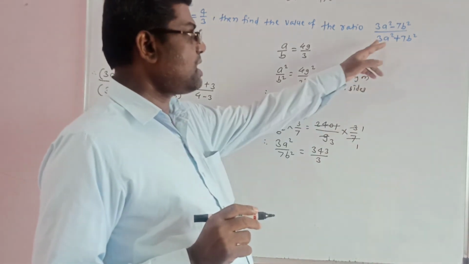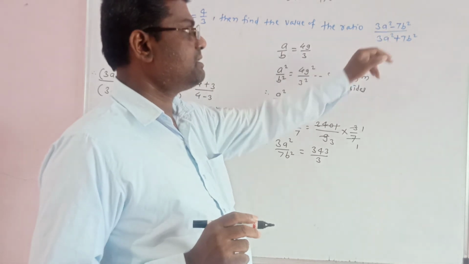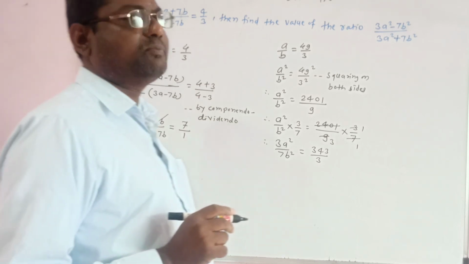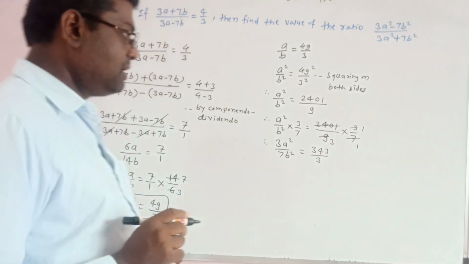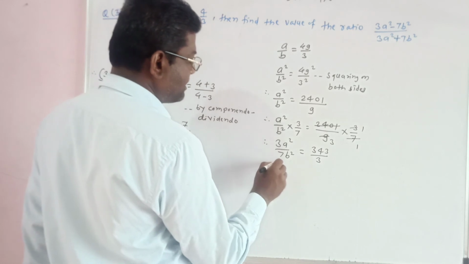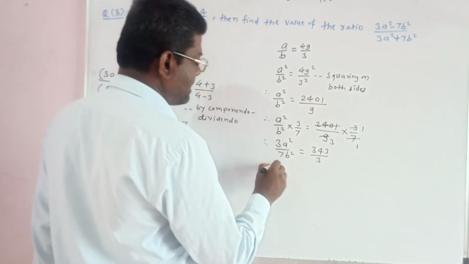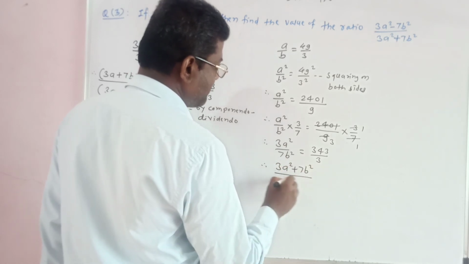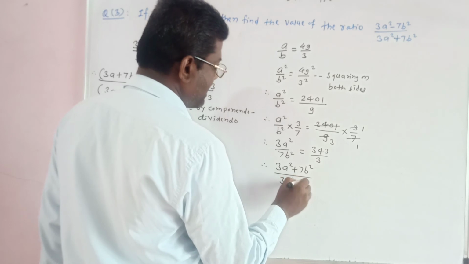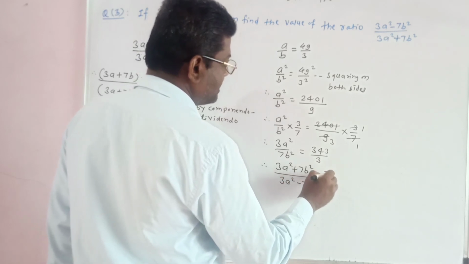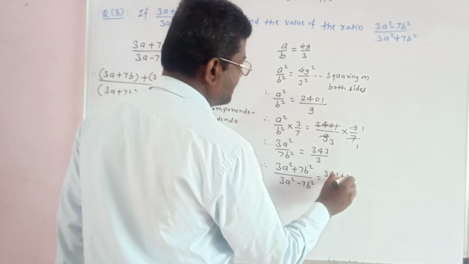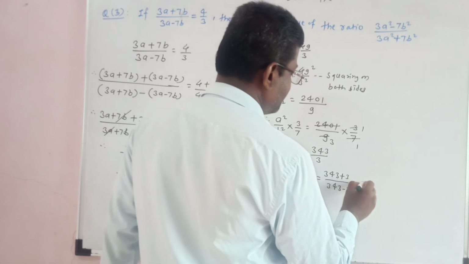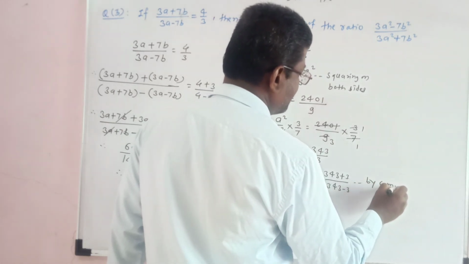Now we want the terms 3a square plus 7b square and 3a square minus 7b square. So it will be possible by componendo and dividendo. Therefore we take componendo dividendo on both sides. Therefore 3a square plus 7b square upon 3a square minus 7b square is equal to 343 plus 3 upon 343 minus 3, and reason is by componendo dividendo.